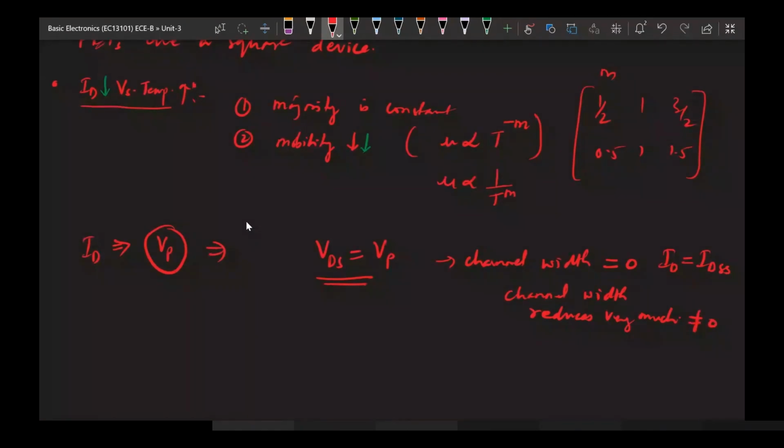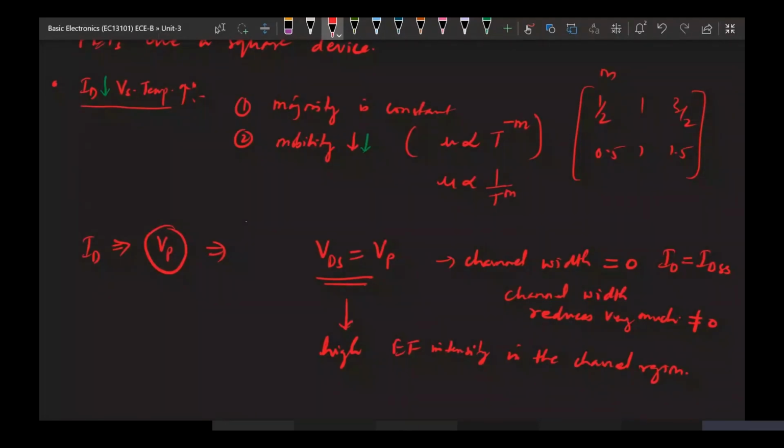So there is some space available between the two depletion regions. As we increase the VDS, there will be high electric field intensity in the channel region. Because of high electric field in the channel region, there would be very high current flowing if the depletion regions of the two gates were to touch each other.